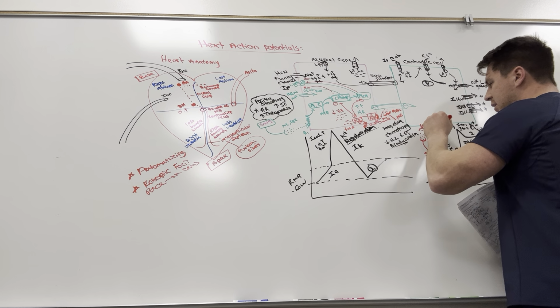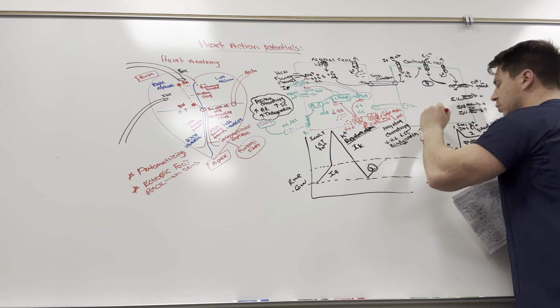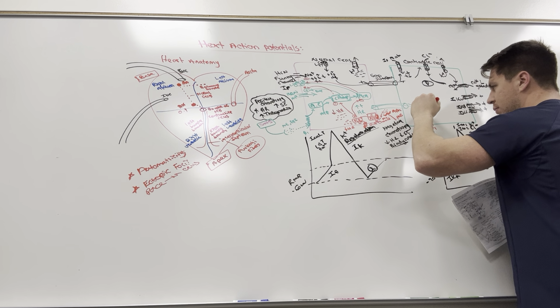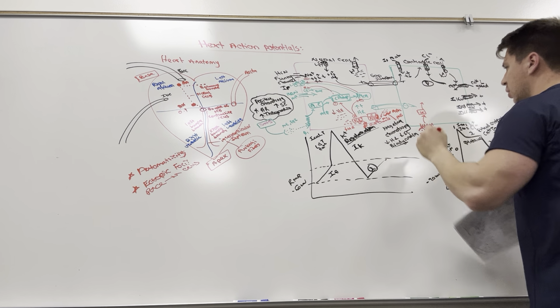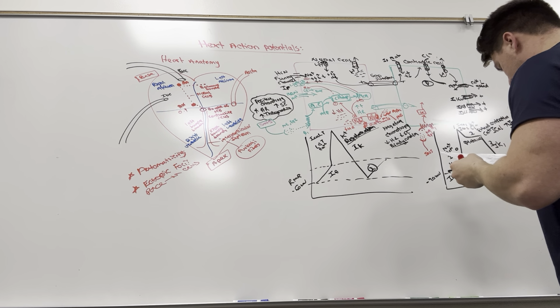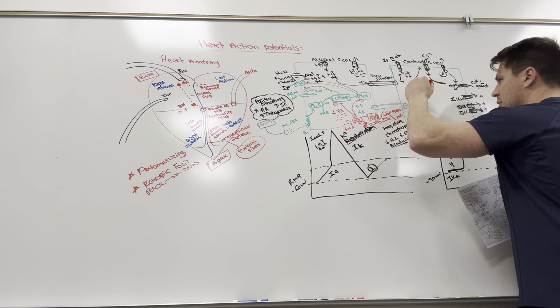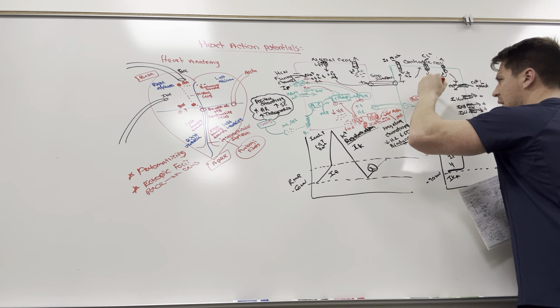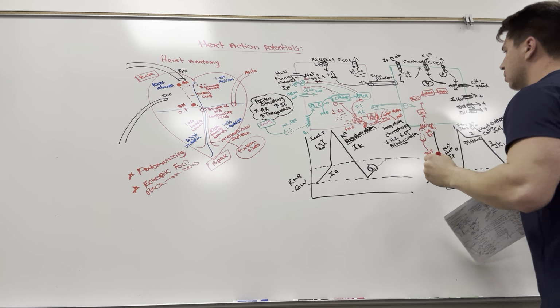So, again, this is a beta-1 receptor, and this is a G-coupled protein receptor, so we're going to branch off. We're going to create this alpha subunit. Alpha subunit will then go and activate adenylyl cyclase, which then activates cyclic AMP, which then activates this thing called protein kinase A. Okay?